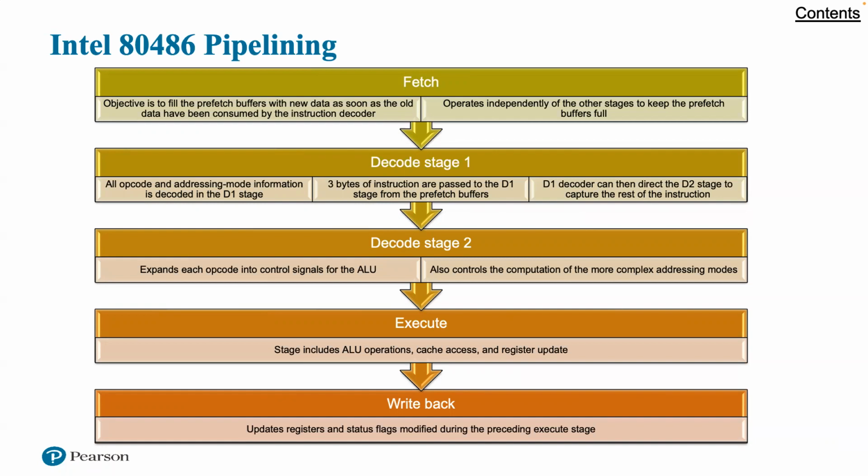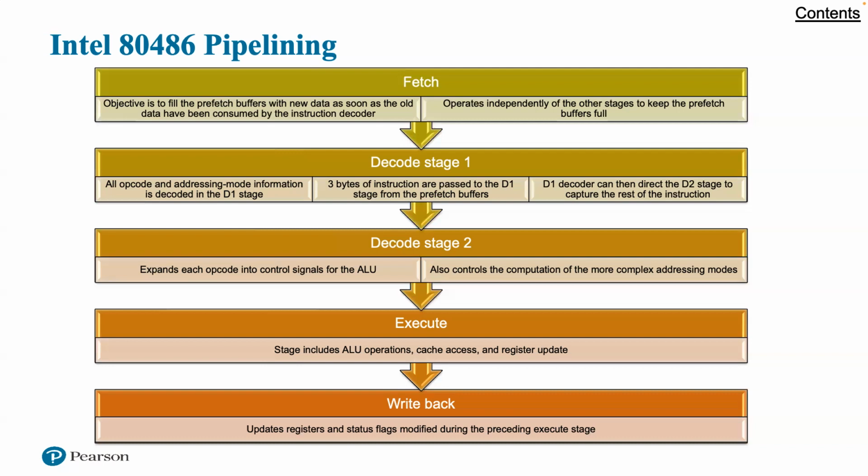Because instructions are of variable length, from 1 to 11 bytes not counting prefixes, the status of the prefetcher relative to the other pipeline stages varies from instruction to instruction. On average, about 5 instructions are fetched with each 16-byte load. The fetch stage operates independently of the other stages to keep the prefetch buffers full.